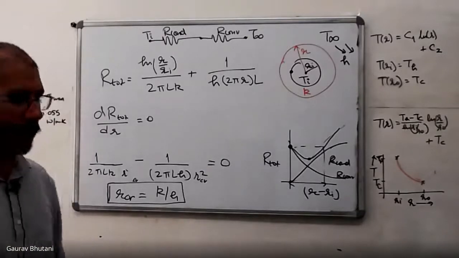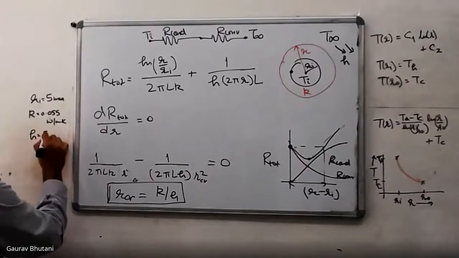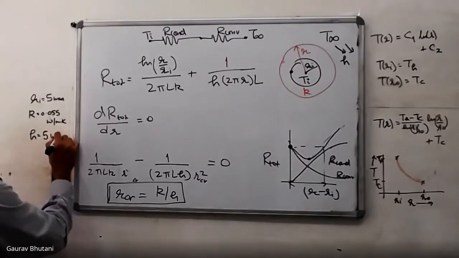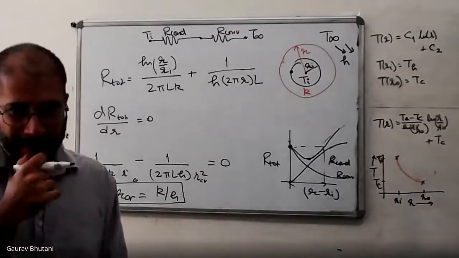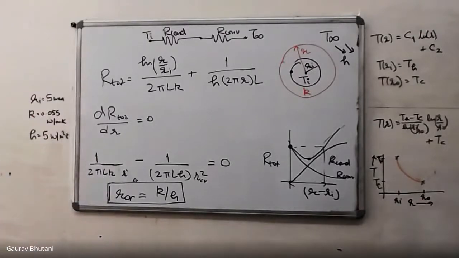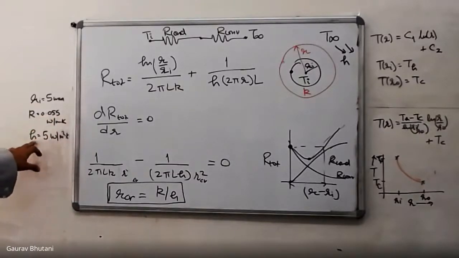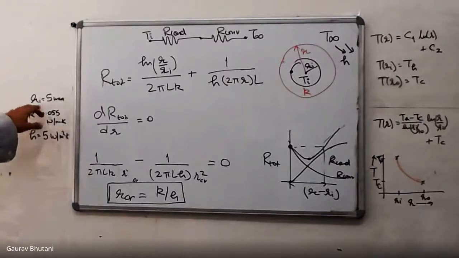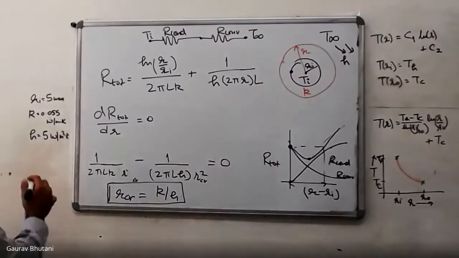And then your H value is, again, natural convection, so you have 5 watts per meter square Kelvin. These are typical values you would have. So an insulation material which is 0.055 watts per meter Kelvin, and your H is 5 watts per meter square Kelvin for Ri equals 5 millimeter. If you see the r critical here, which is K by H, r critical comes out to be 11 millimeters.